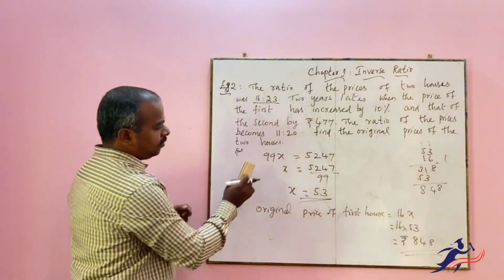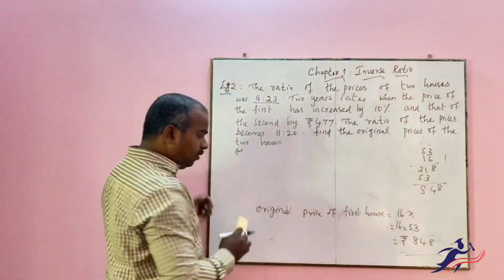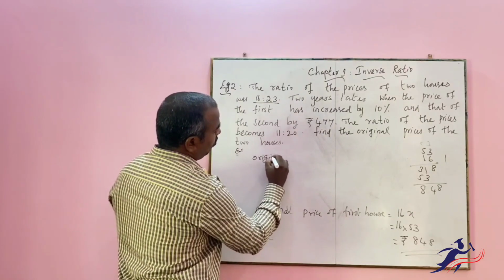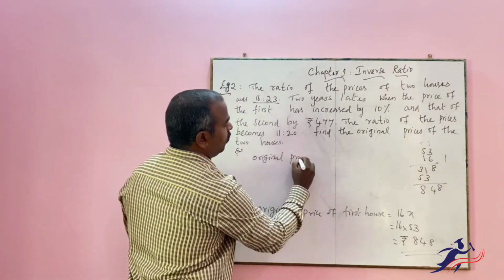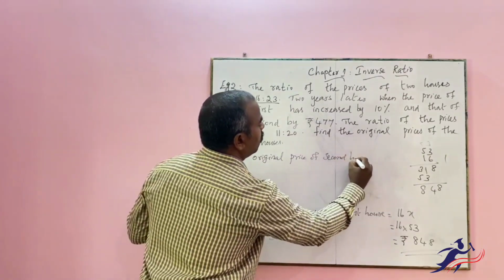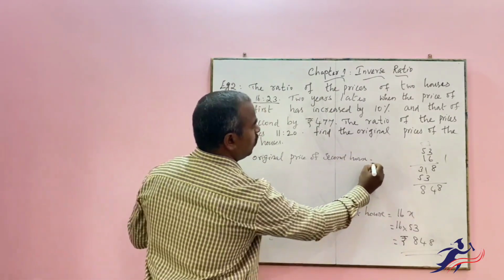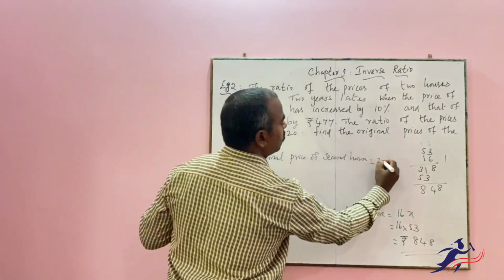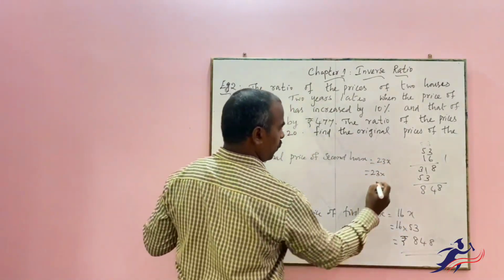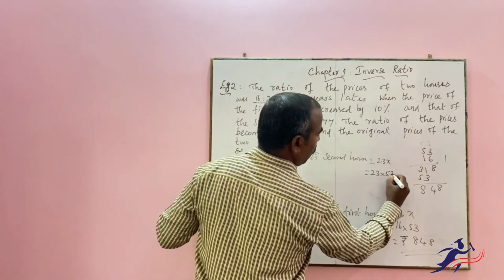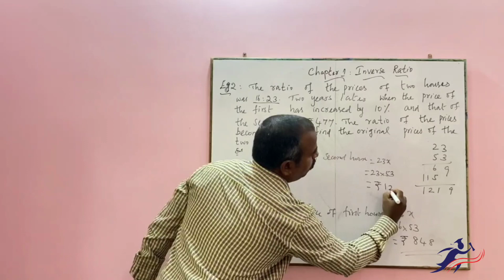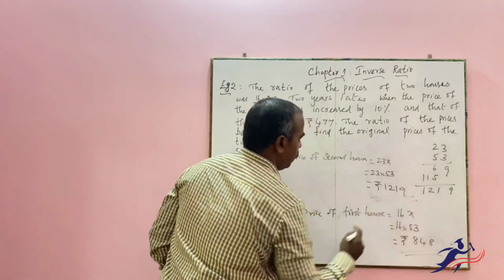So now we can find out the original price of the second house. Therefore original price of second house is equal to 23x, that is 23 into 53, that is rupees 1219.